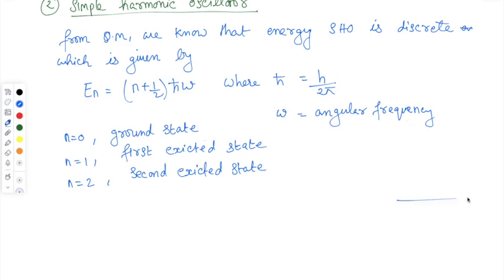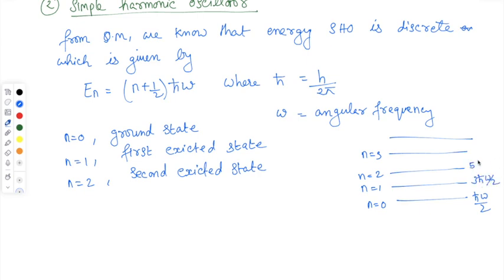So we draw the energy levels. Let's say this is n equals 0, n equals 1, n equals 2, n equals 3. For n equals 0, the energy would be h cut omega by 2. For n equals 1, 3 h cut omega by 2, then 5 h cut omega by 2, and 7 h cut omega by 2.